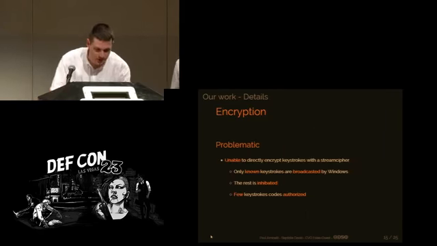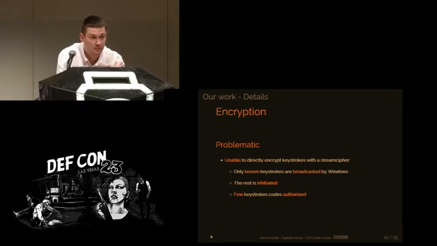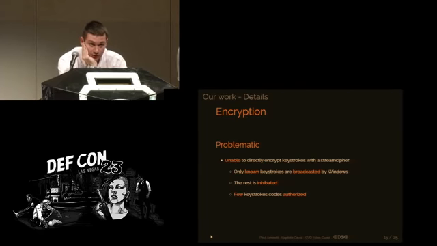So about encryption. In fact, the original idea we had when we started the project was to simply cipher every keystroke received by the system. This is not a very new or very sophisticated solution, but if you try to do that, it won't work as you expect. In fact, what you observe is that very few keystrokes are broadcast and received by the applications of the system. So what does it mean? If you look into it, you will see that Windows only broadcasts key codes that it receives and knows.